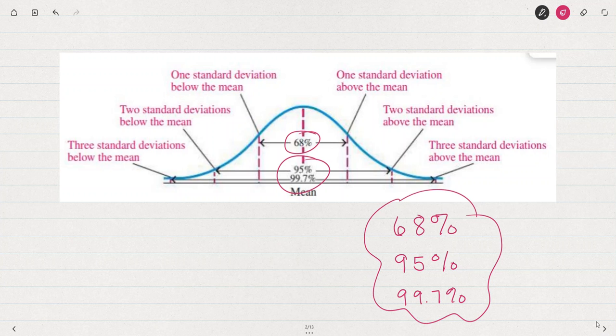And if you haven't already done the Blackboard activity part 1 for normal distribution, I'd recommend that you do that activity first, because that activity practices applying the empirical rule.